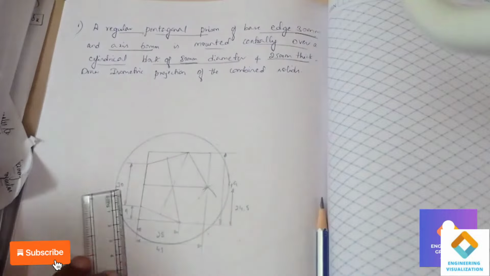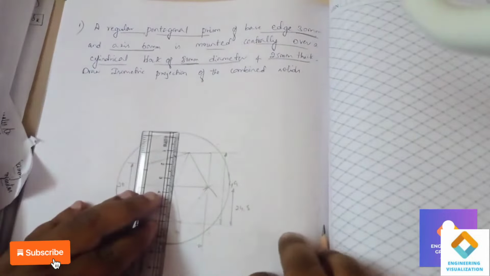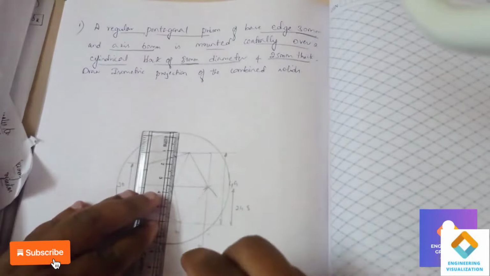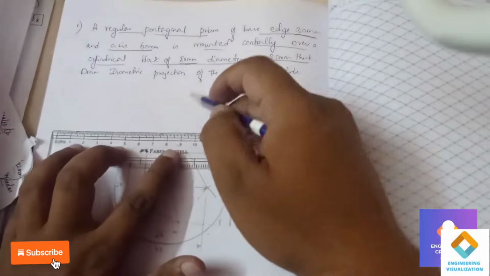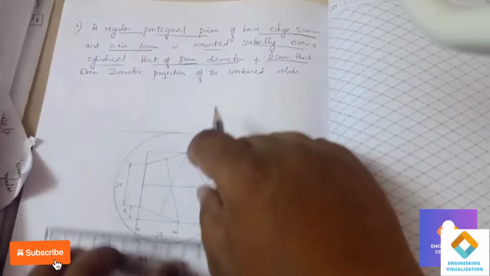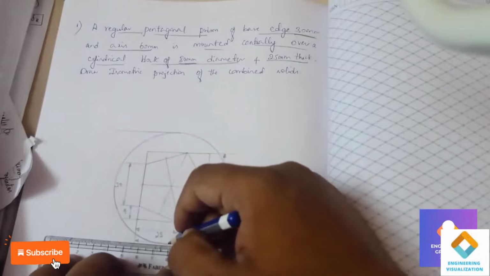That means it has a box dimension of 80. We need not see the box, but we can show the dimension on one side. So the box dimension of this cylindrical block will be 80 mm.